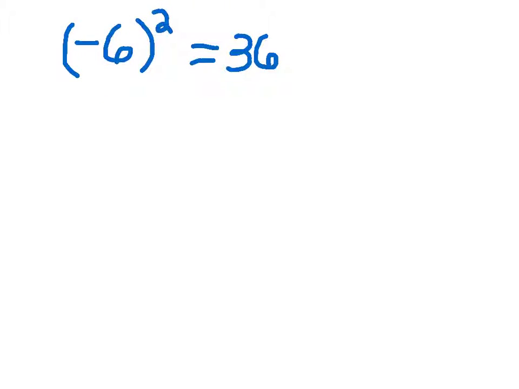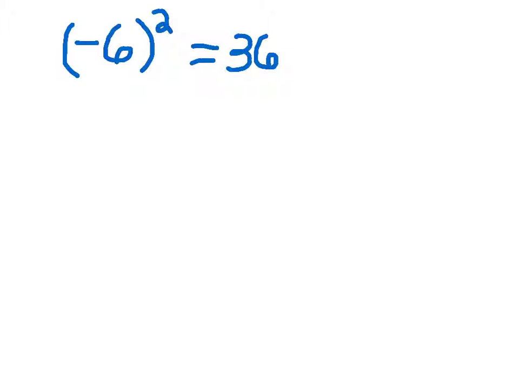This leads to what may be the trickiest thing of all. If I look at this problem, negative 6 squared, this means negative 6 times negative 6. It's a negative number raised to an even power, which gives me a positive answer.